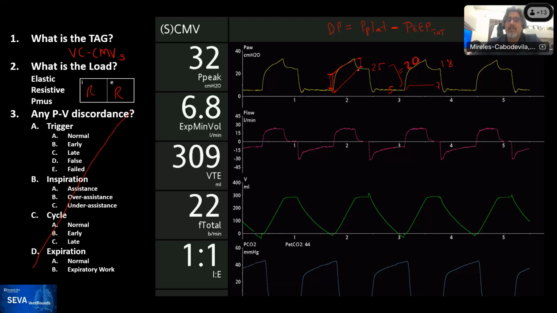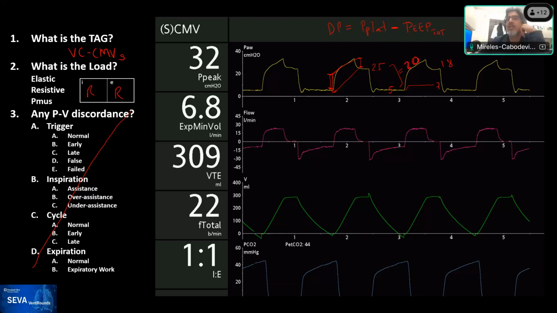The reason why you see that a lot in the literature is because they do retrospective analysis on data from the electronic health record, and oftentimes therapists don't do the total PEEP maneuver. They don't record that anywhere. So the next best thing is to use a set PEEP. But that does, as you say, introduce noise and error into the calculations.